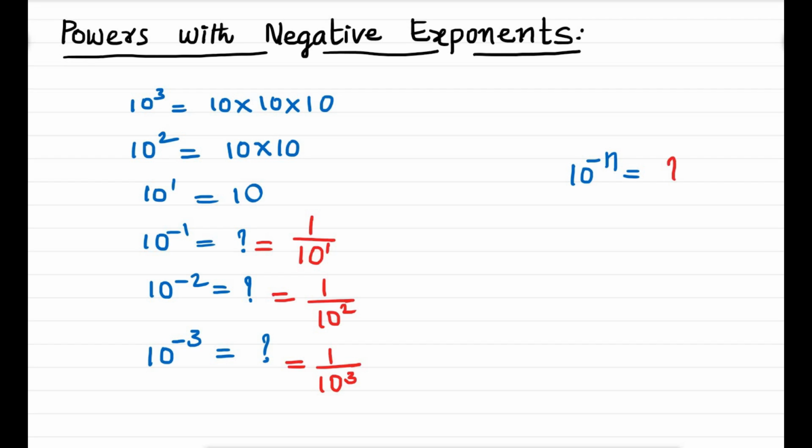So 10 to the power of negative n can be written as 1 over 10 to the power of n. We can write negative exponents this way to make them positive. You can see that this is a negative power and it is converted into a positive exponent, and like so we have converted the negative exponents into positive ones.